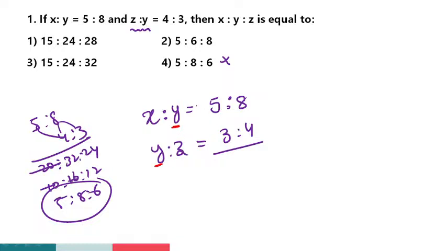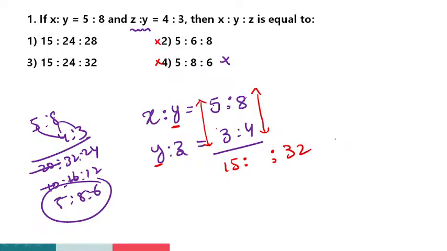Let me calculate, guys. If you want to find the x value, multiply the left hand side numbers. 5 threes are 15, so eliminate the second option and fourth option. Next, if you want to find the z value, multiply the right hand side numbers. 8 fours are 32.